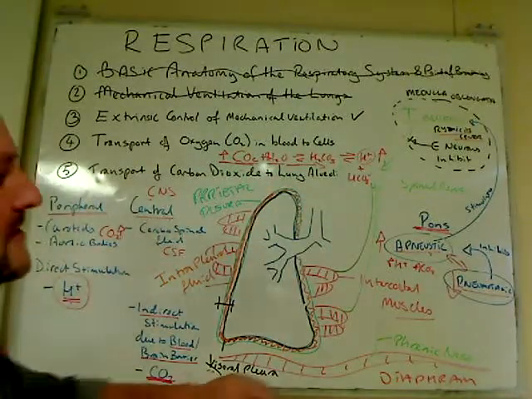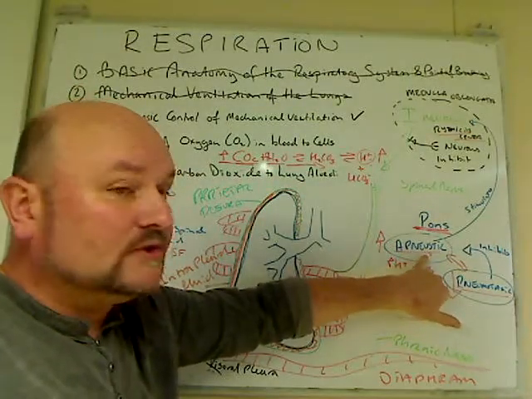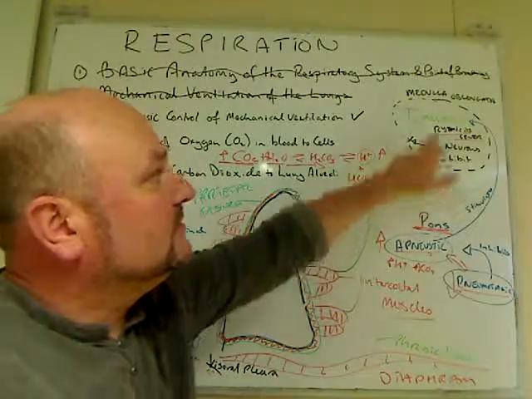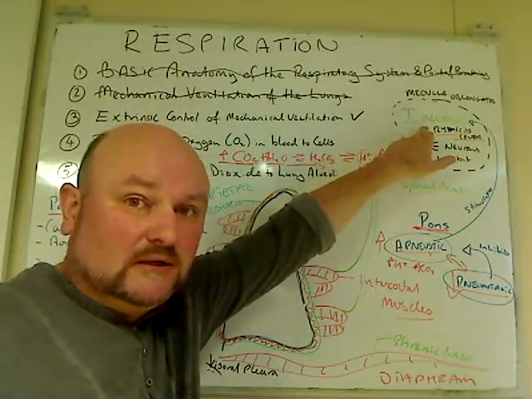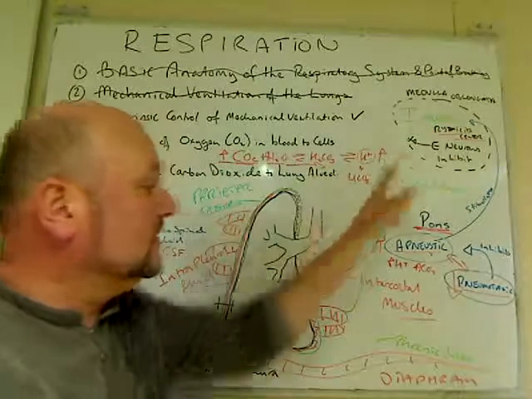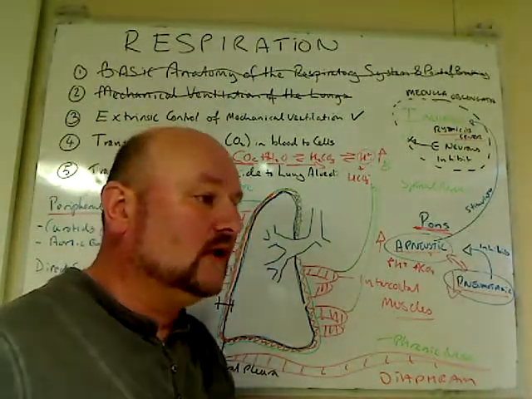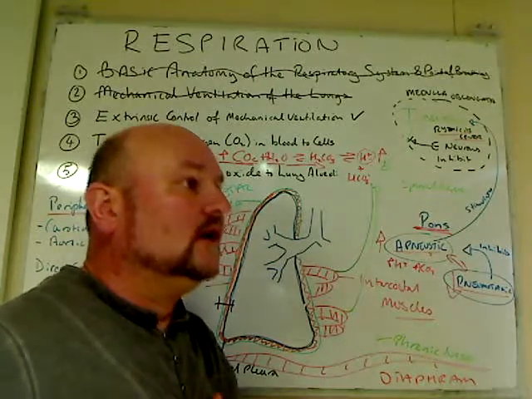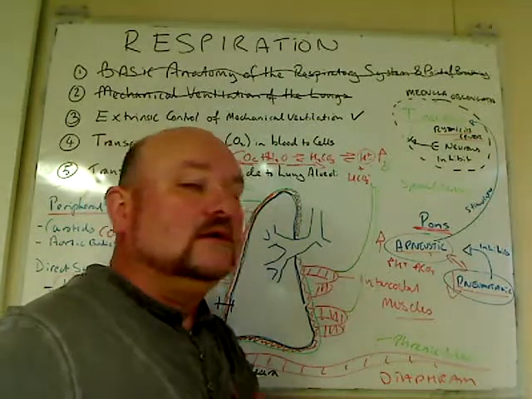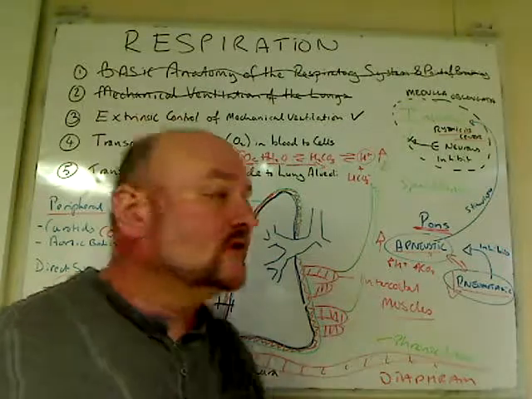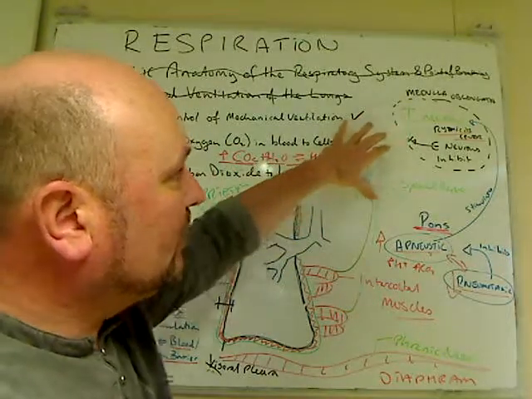So these two are now stimulating the apneustic center hard, and the apneustic center stimulates the I neurons more regularly. So they're now stimulating the contraction of the chest more regularly. So you're now getting more stimulation coming through the I neurons.